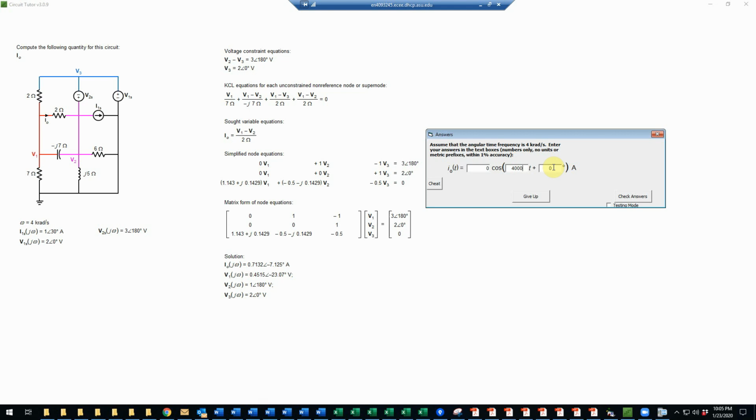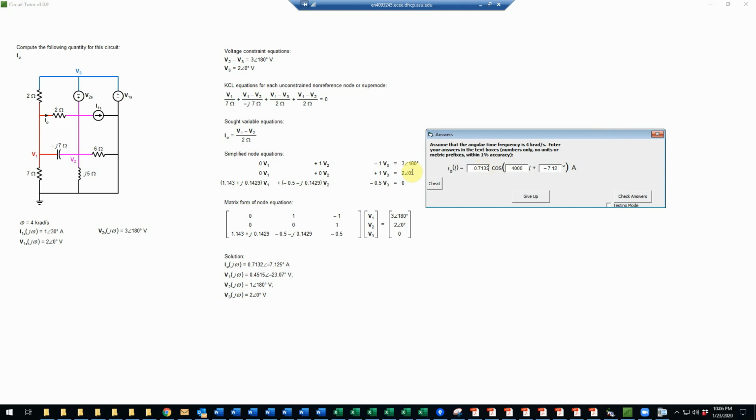And then the phase angle is at angle negative 7.12. I'll just round it. And then the magnitude is going to be 0.7132. And so we check that.